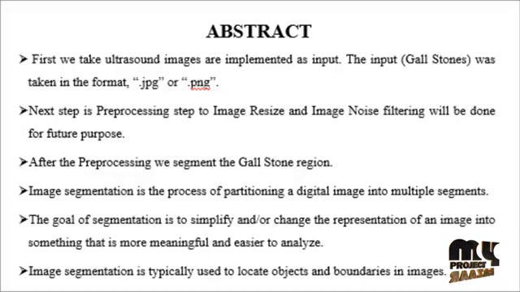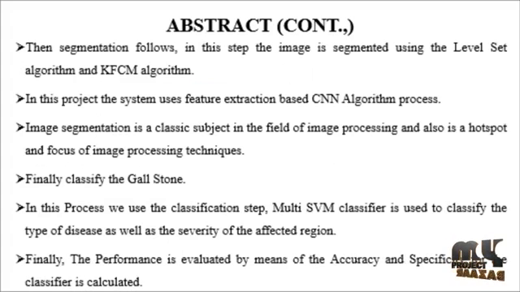Image features are basic for most real-time image processing applications. Edge is one of the prime features of an image. It helps us to analyze and take decisions in various image processing applications. In this process, the system uses a CNN-based feature extraction algorithm.